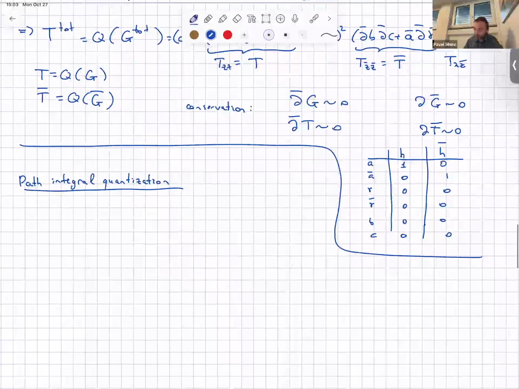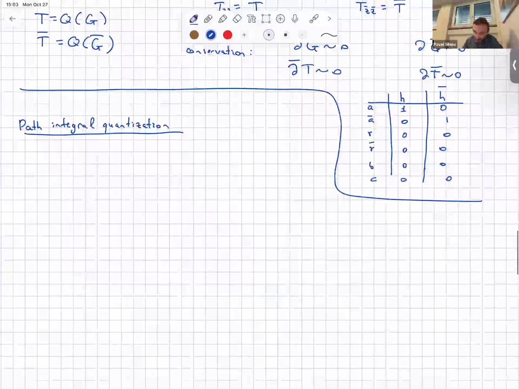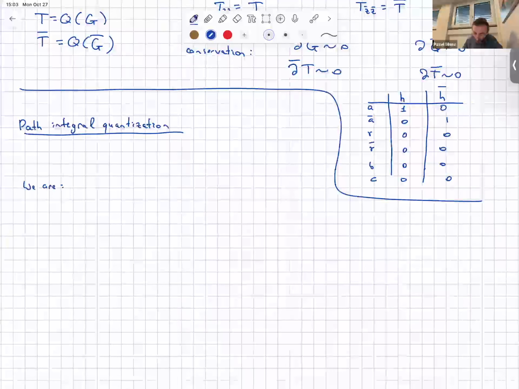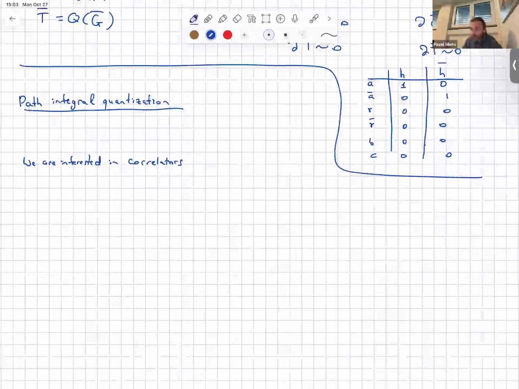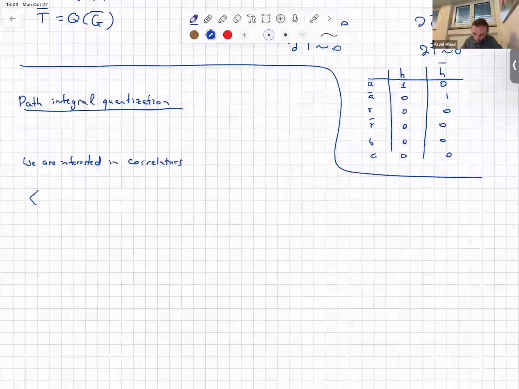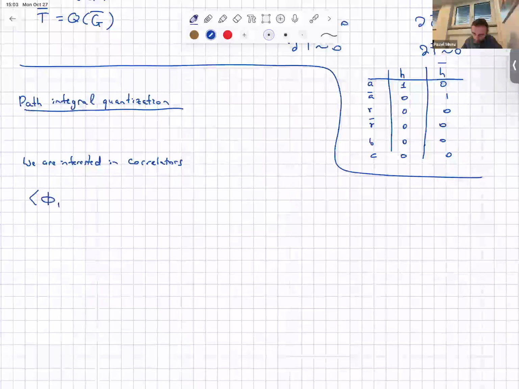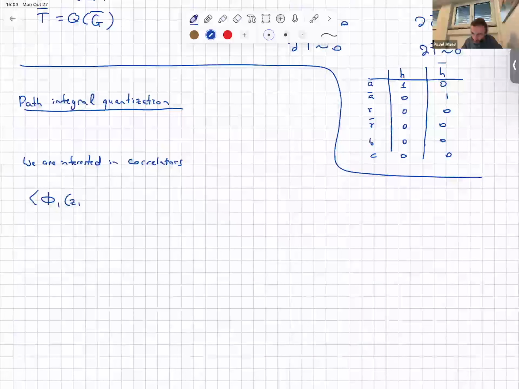So what we are interested in is correlators of the following sort. We want to take some fields, phi1 at the point z1, phi2 at the point z2, and so on, phi n at zn.